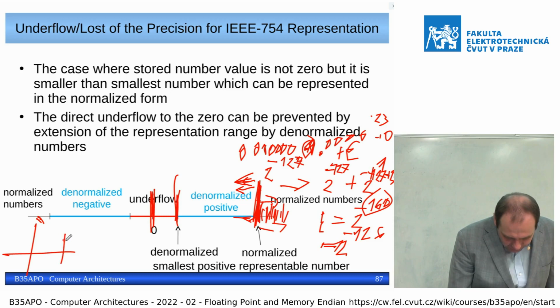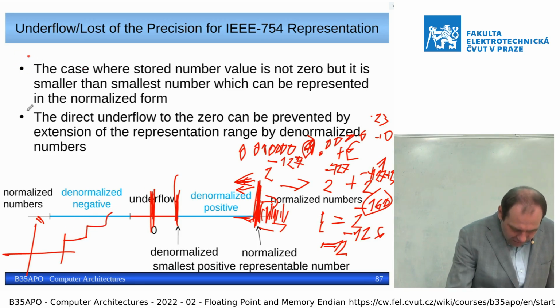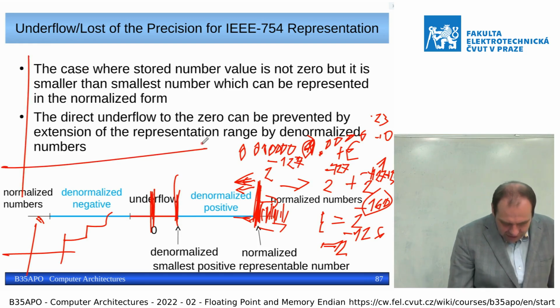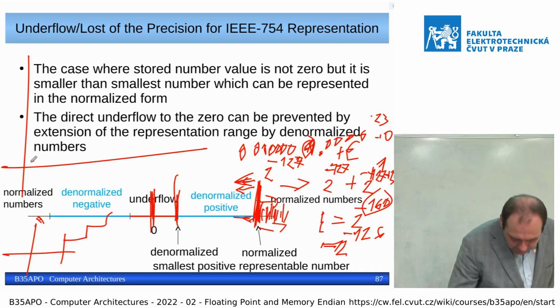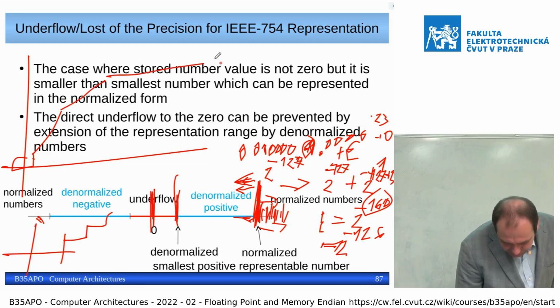So there we can go with some small values. Then we can go with the bigger ones and so on. So basically, if I write there a representation, and there the arithmetic value, then for the small values there is some gap, and then we can represent numbers this way, then this, and so on.